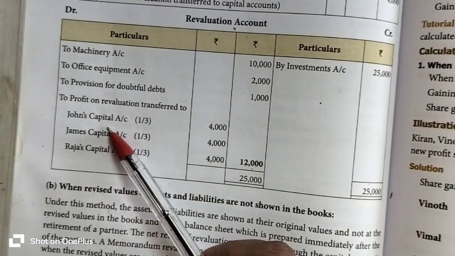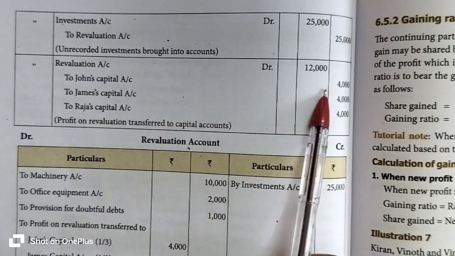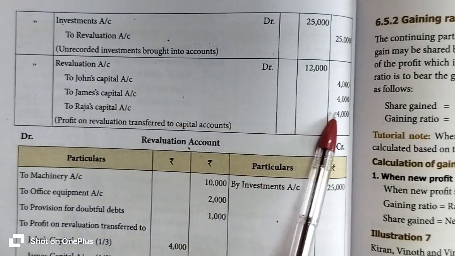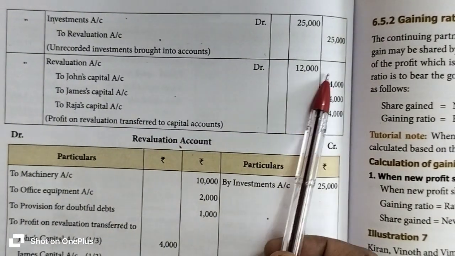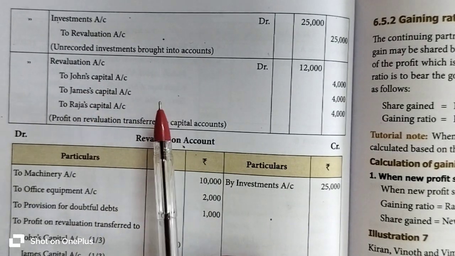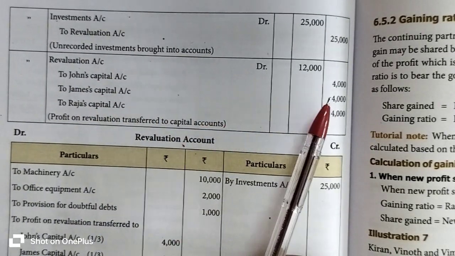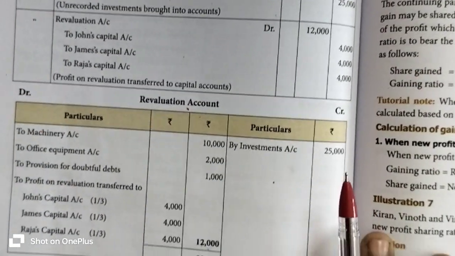All partners' capital accounts are to be credited. Accordingly, to John's capital account 4,000 rupees, James's capital account 4,000 rupees, to Raja's capital account 4,000 rupees. The 12,000 rupees profit is immediately transferred to all the partners' capital accounts with their old profit sharing ratio. So we pass the journal entry and prepare the ledger account.